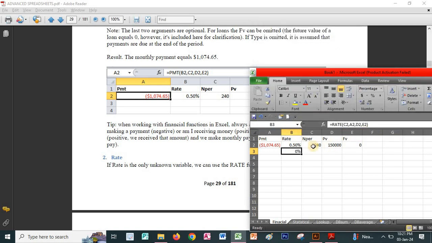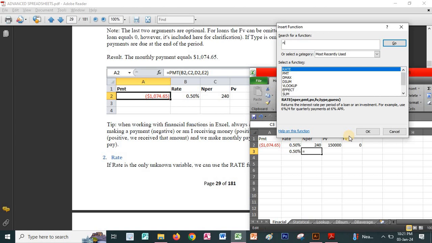So again, it is not exactly 0. You may add the number of decimals so that we can see. So if we didn't know the rate, we can calculate it. If we did not know the number of periods, we can calculate that.